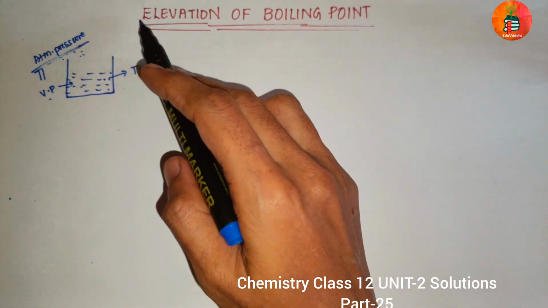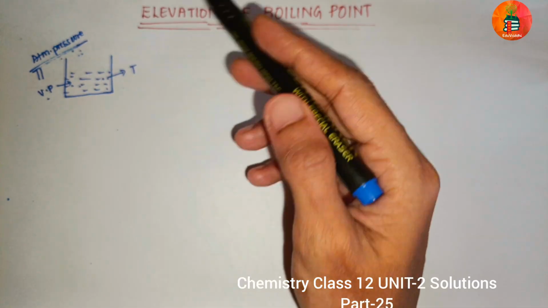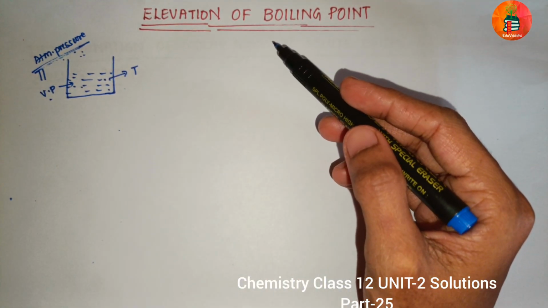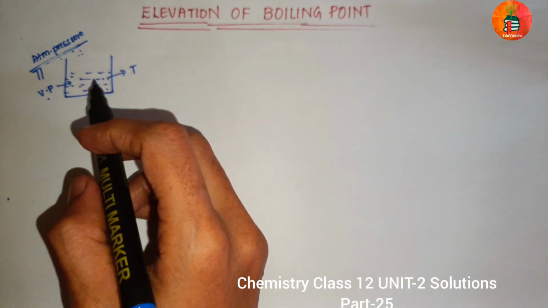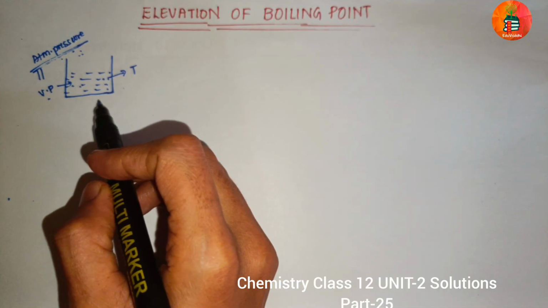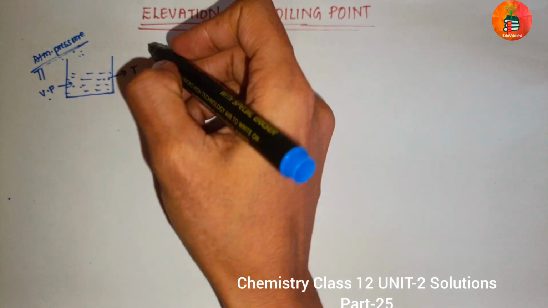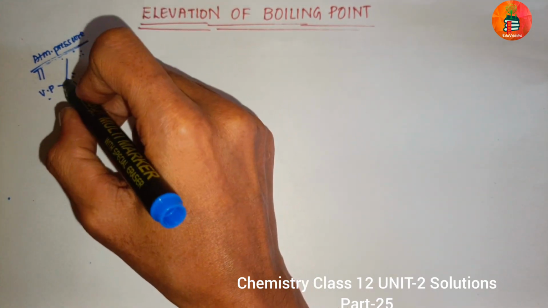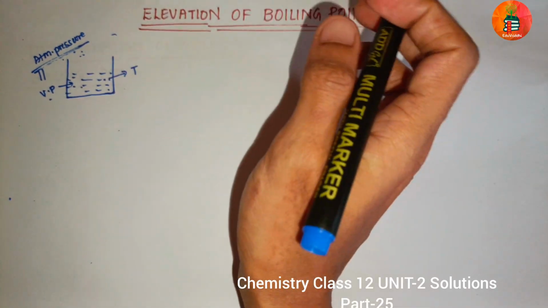Now we have the term elevation of boiling point. Elevation means elevating, that means increase of boiling point. That is one colligative property. To understand this concept, let me take the example of water. Think that I have taken water in a beaker, and if I heat it, when the vapor pressure of this water becomes equal to atmospheric pressure, this water boils.